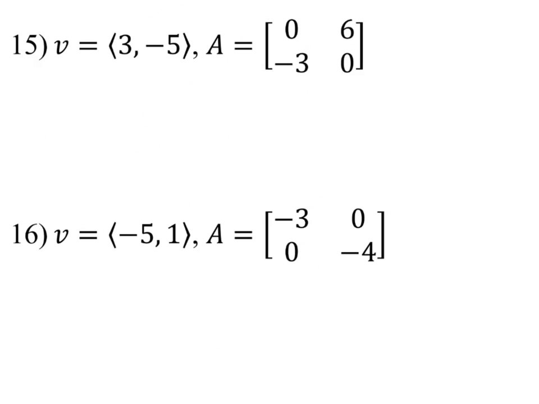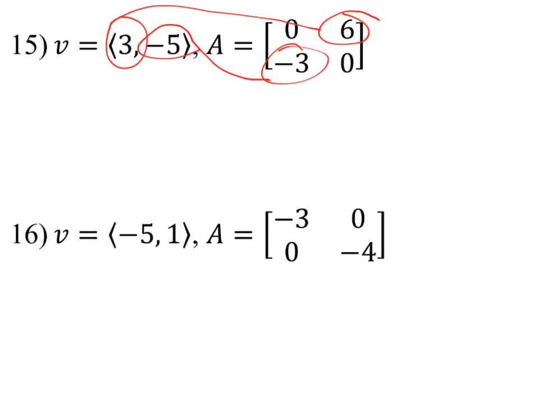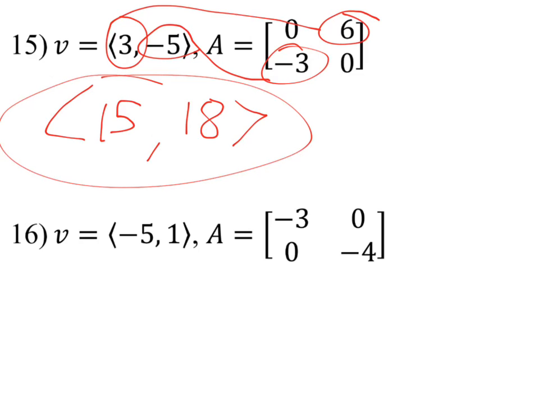On 15, we have zeros down the main diagonal, so we're going to have to switch the order. And then this first one is times the second component there, and the second one times the first one. And that's going to give you positive 15. And then 6 times the 3 is going to be 18. Let me get this vector here.